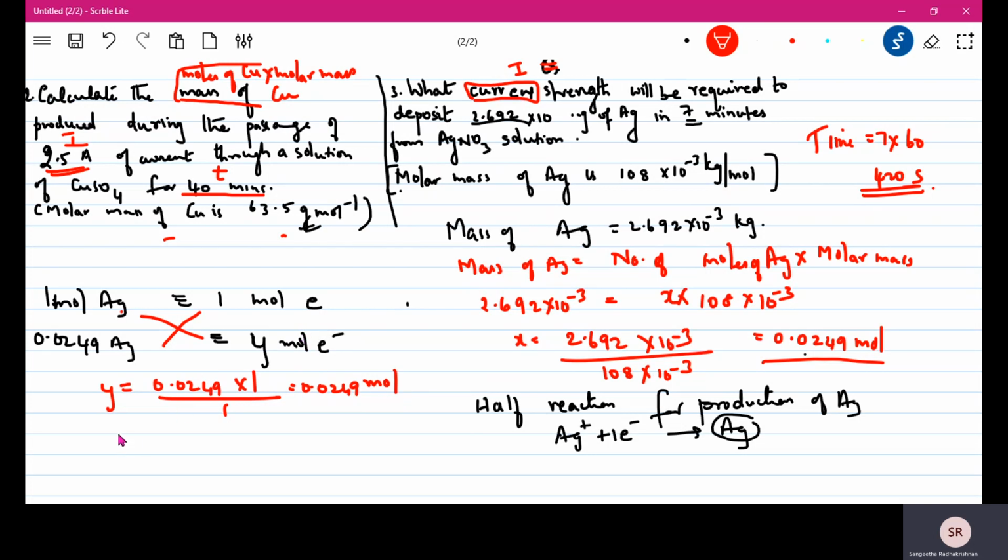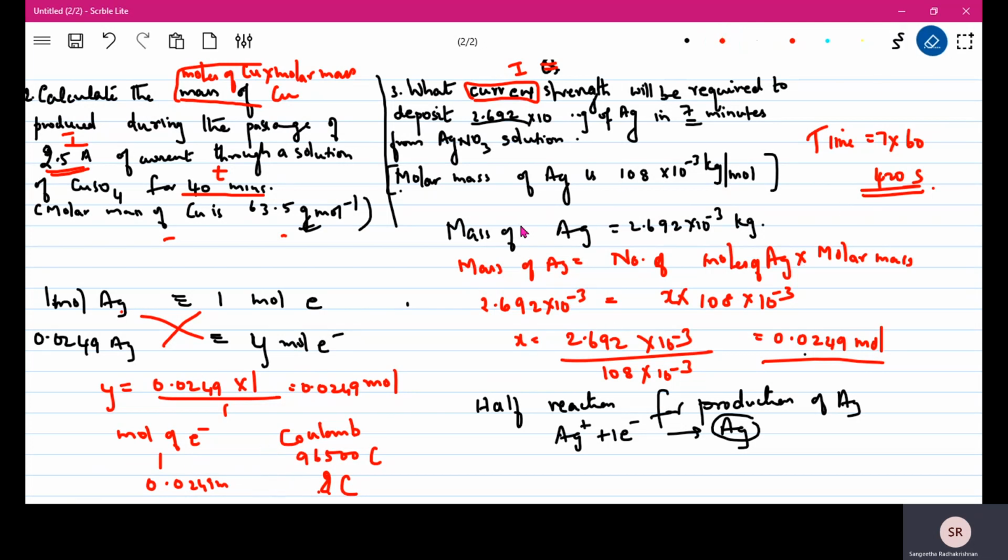Now let me write here, mole of electron and coulomb, the quantity of electricity. 1 mole electron corresponds to 96,500 coulomb. So when you have 0.0249 mole, how many coulombs is it? Again, cross multiply, whatever is in front of this variable will go in the denominator.